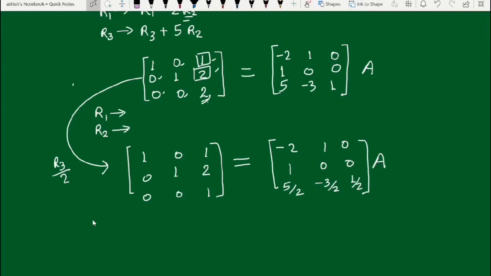Okay. Now we use transformation to get 0 in this place, R1 and R2.